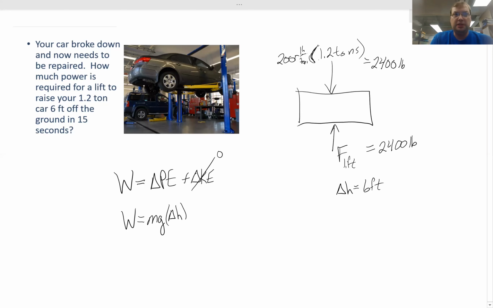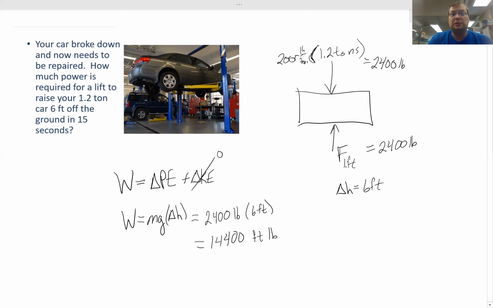Delta h being 6 feet allows us to find that we have 2,400 pounds multiplied by the 6 foot height, which gives work done that is 144. When we take the 6 times the 24, add in the additional 2 zeros, we get 14,400 foot-pounds of work being completed.